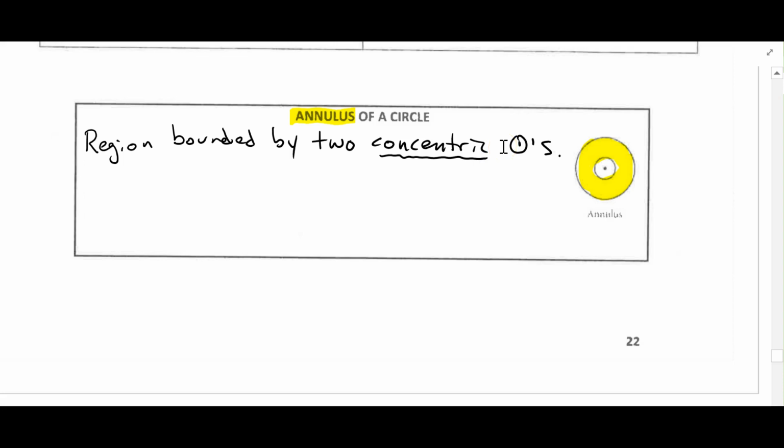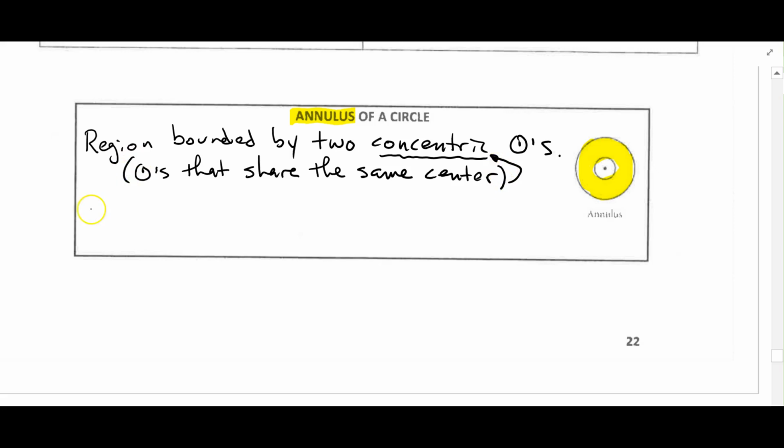Concentric circles are circles that share the same center. So circles that share the same center. That's concentric.